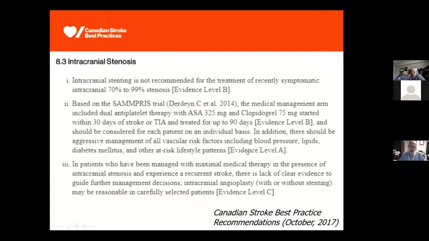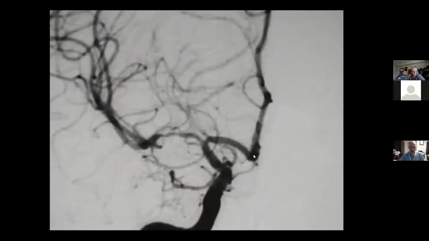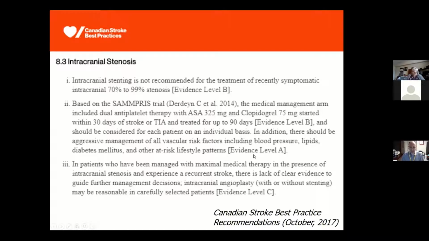So what does the future hold for this? I took the slides out, but I wanted to talk to you a little bit about a research project that Dr. Sashi Pereira here is spearheading internationally, and it's called CADIS-ICAD.